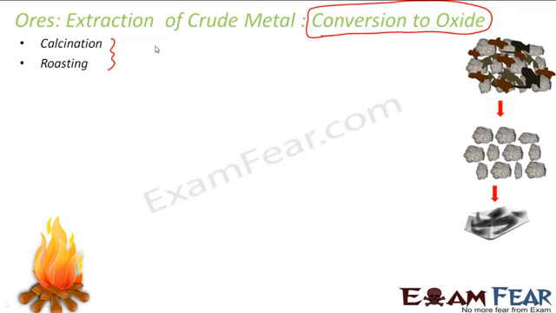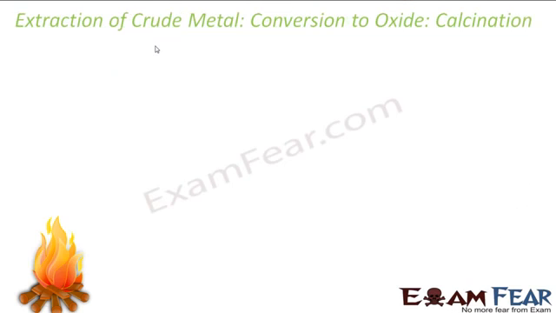Okay, so let's talk about the calcination part. Calcination is nothing but, again, you need heat, for removal of the volatile fraction. So we try to remove the volatile fraction from the ore.